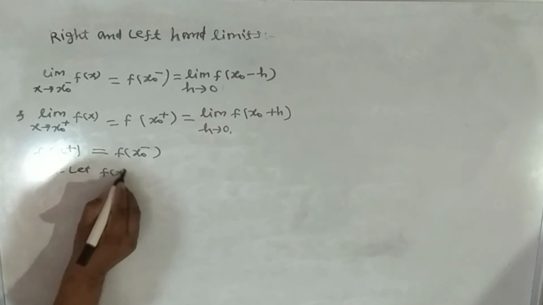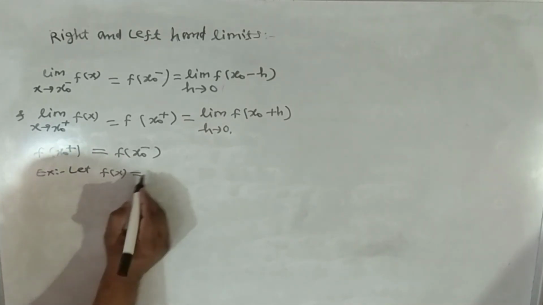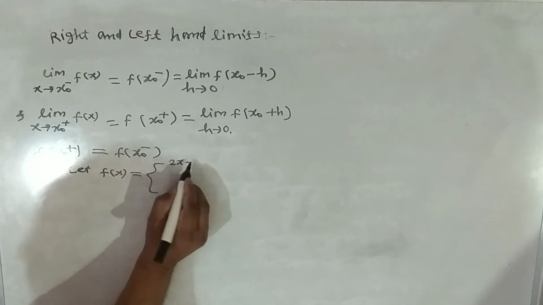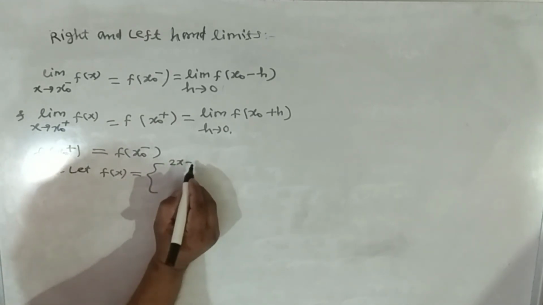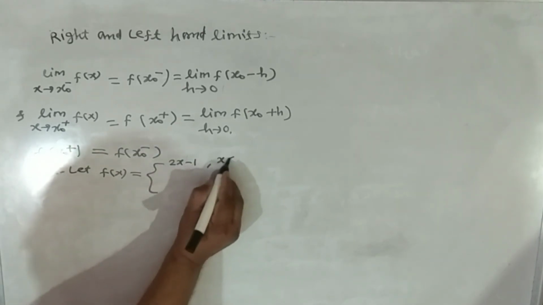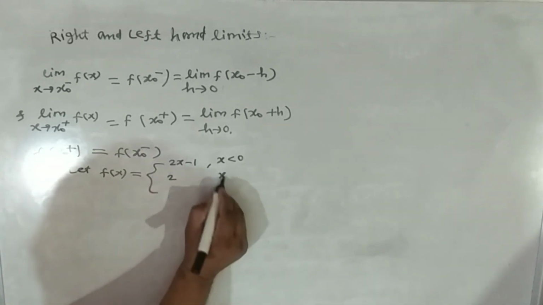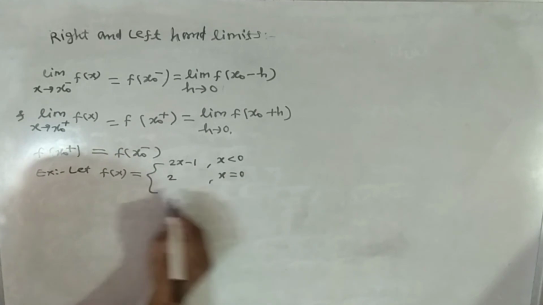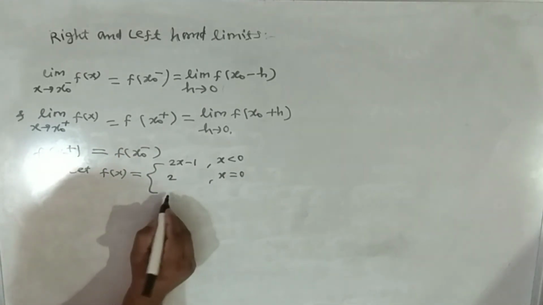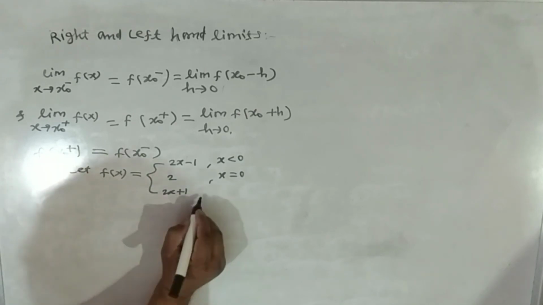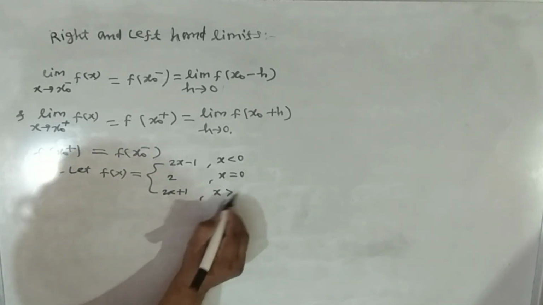Let f of x be equal to 2x minus 1 for x less than 0, f of x equal to 2 at x equal to 0, and f of x equal to 2x plus 1 for x greater than 0.